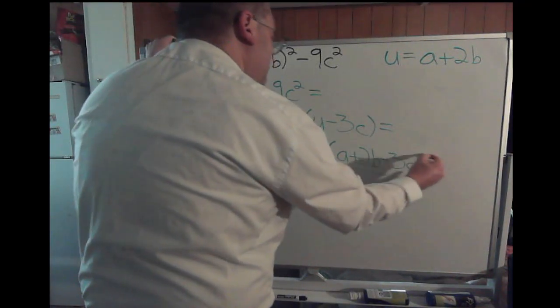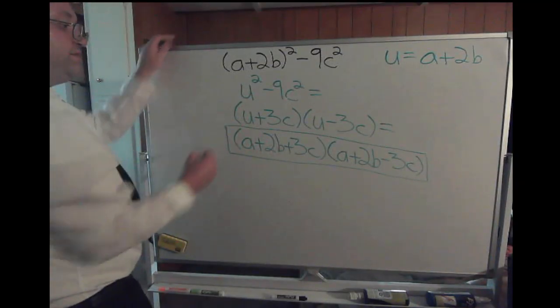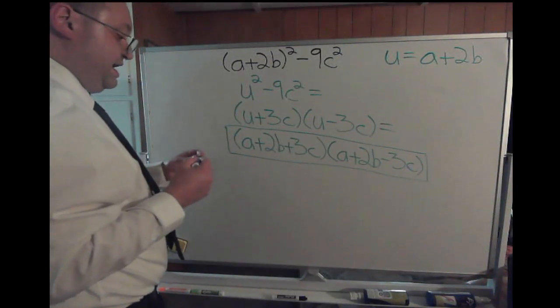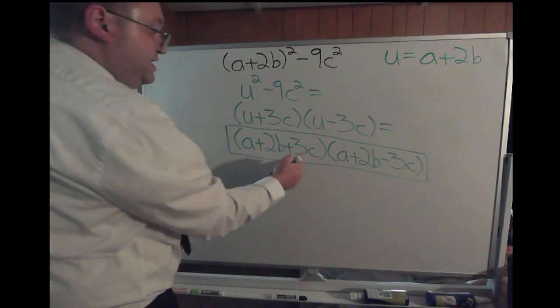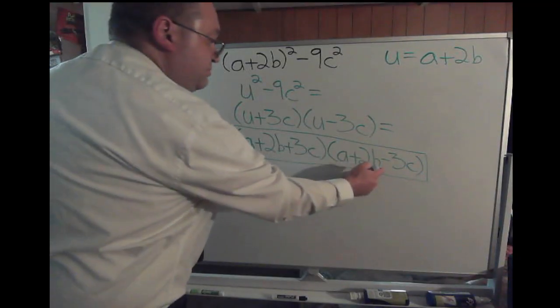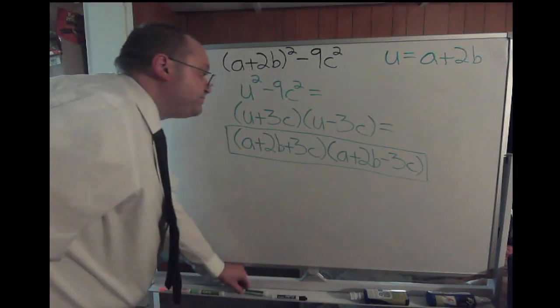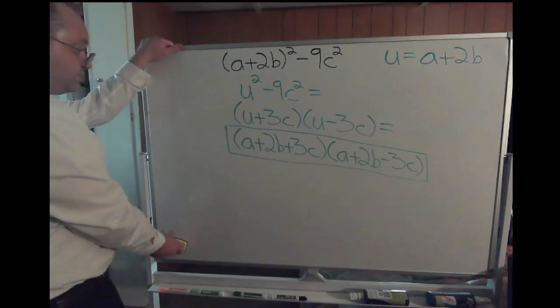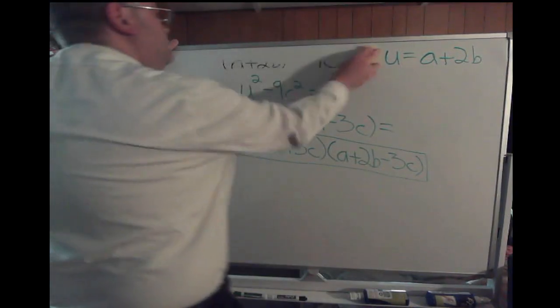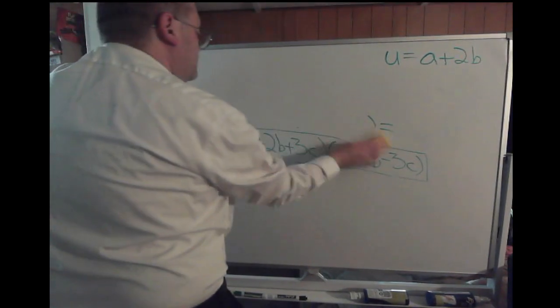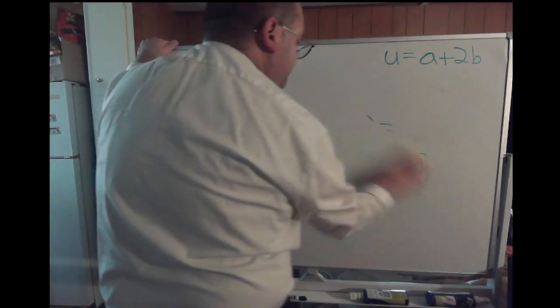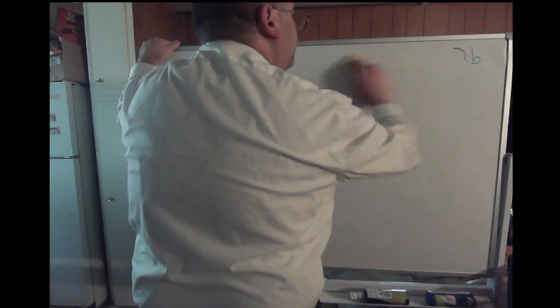So the answer you should get for this factorization would be a plus 2b plus 3c times the quantity of a plus 2b minus 3c. You don't have to use u substitution. You can factor it right out, but I think personally learning this, it's going to be a lot easier if you do a u substitution.